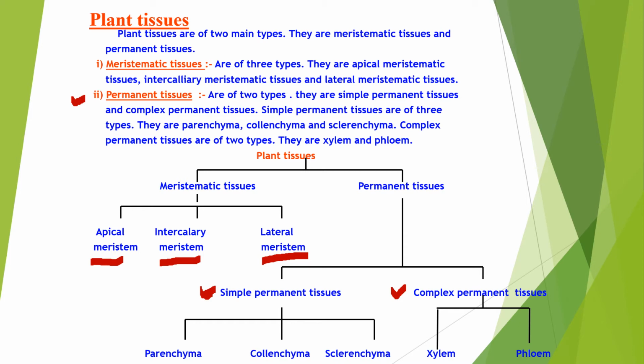Simple permanent tissue is further divided into parenchyma, collenchyma, and sclerenchyma. Complex permanent tissue is divided into xylem and phloem. We shall look into details of these different types of tissues and their classification.